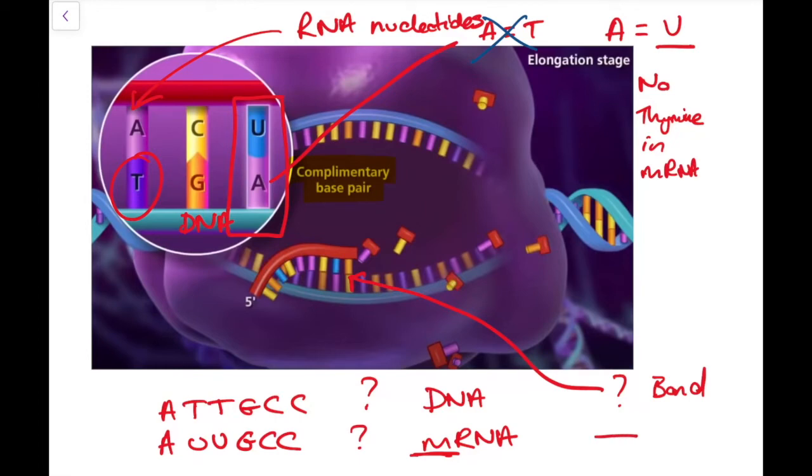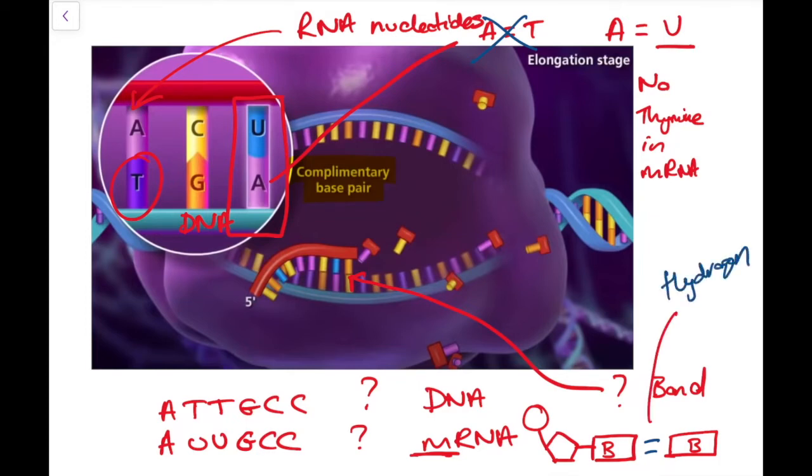So I'm just going to draw the one nucleotide, but between the two bases, so this is the base, what kind of bonding allows that? It's hydrogen bonding that's allowing the DNA and the RNA to make a bond. And it's only going to be a temporary bond. So they hydrogen bond together.